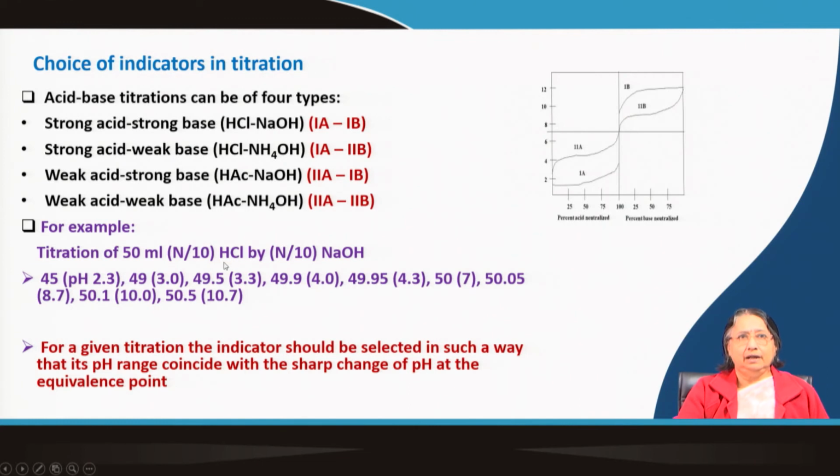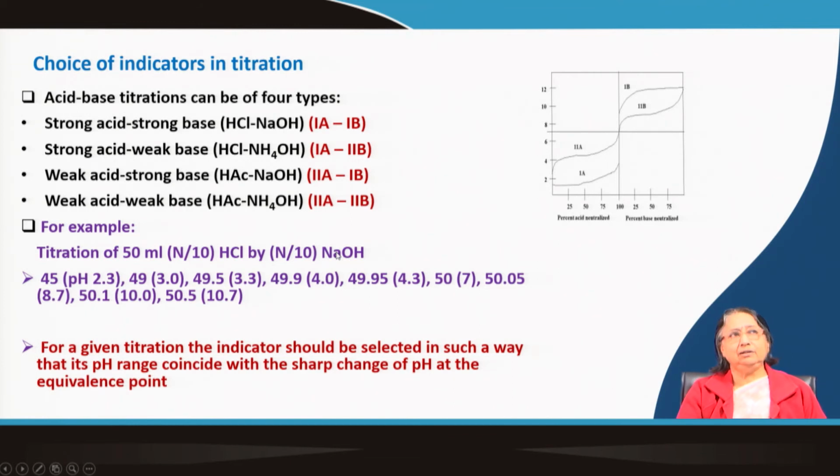Okay. It is a titration between the strong acid HCl and NaOH. You have taken 50 milliliter of N/10 HCl, for example, in a conical flask. And in the burette, you have taken N/10 NaOH solution.